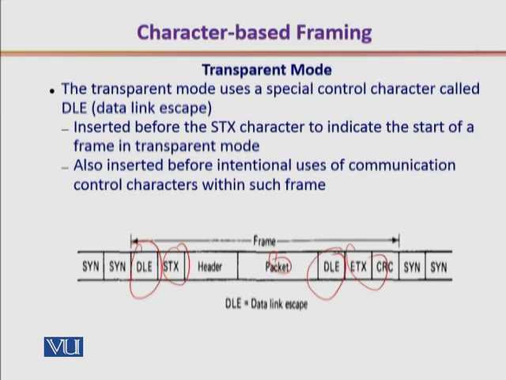If the DLE itself appears within the payload, then an additional DLE is inserted to alert the receiving device that in transparent mode, if you receive two DLEs, it means one DLE is within the payload and the other DLE is intentional. So remove it and process the DLE as part of the payload. Using this mechanism, the problem of the sending and receiving devices getting out of synchronization is resolved.